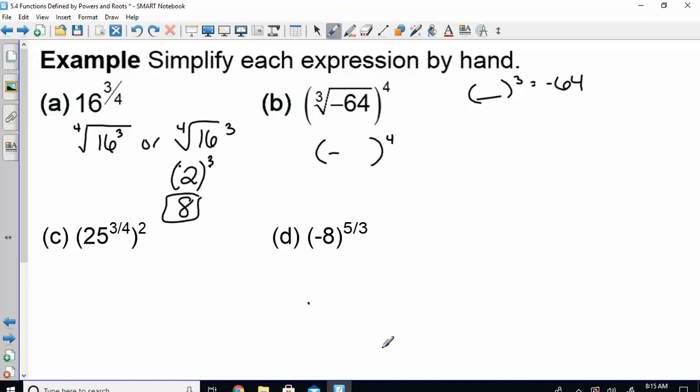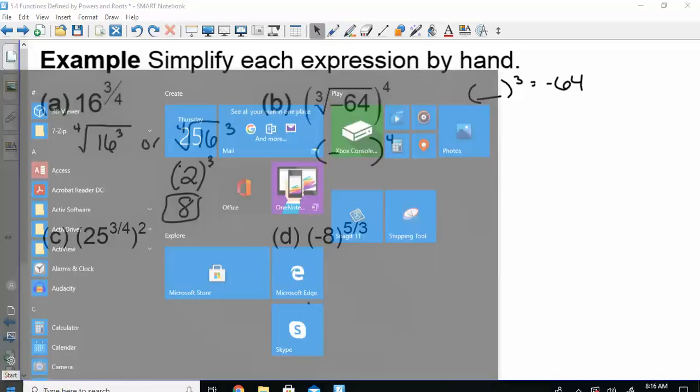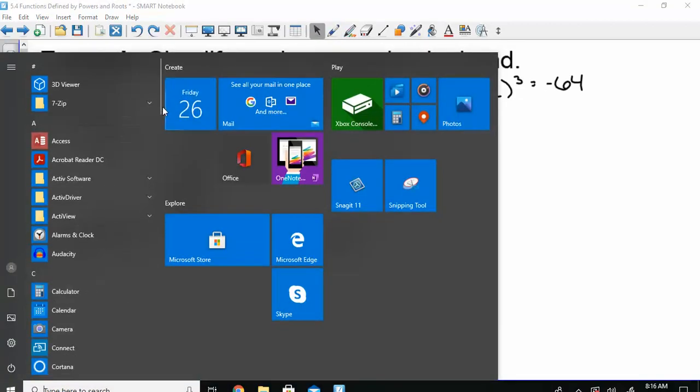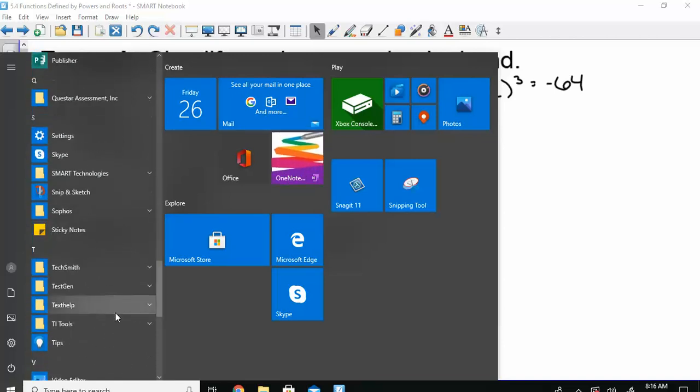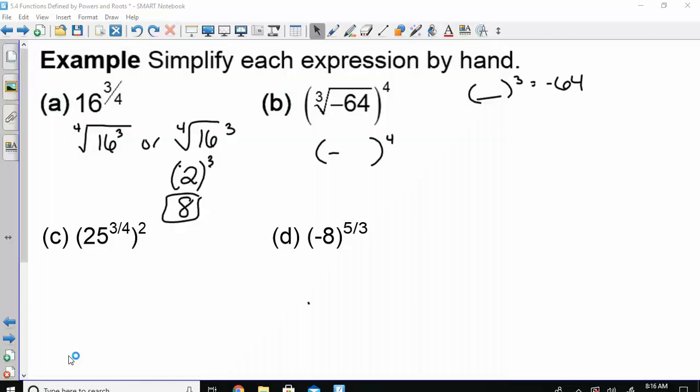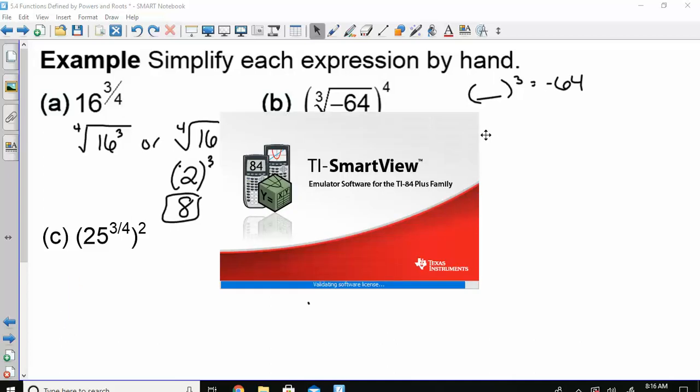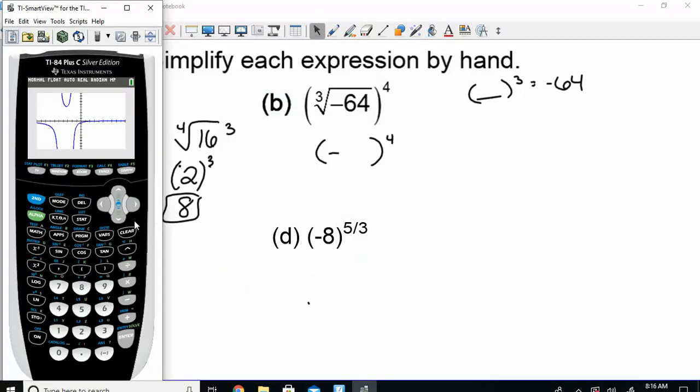Do you guys know how to put these in your calculator if you needed to? Like let's say I want to do the 4th root of 81.